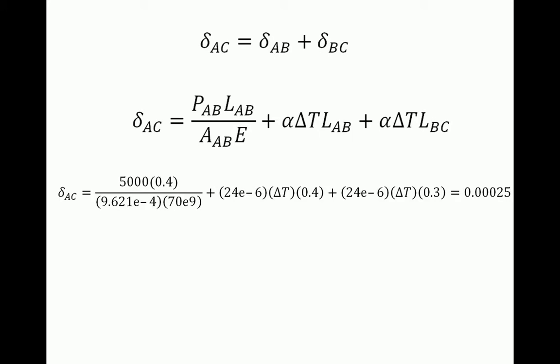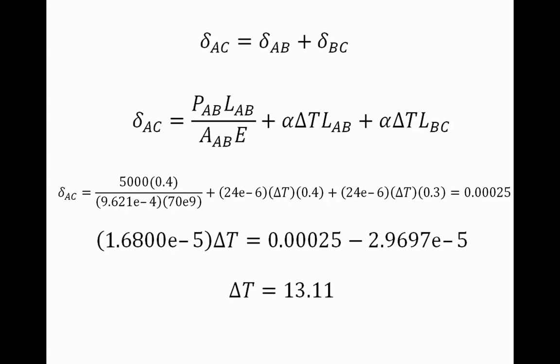And we know all of this except for delta T, because we're going to take this length change and set it exactly equal to the gap, and that will yield the temperature change that causes the axial growth to be exactly the same as the gap.